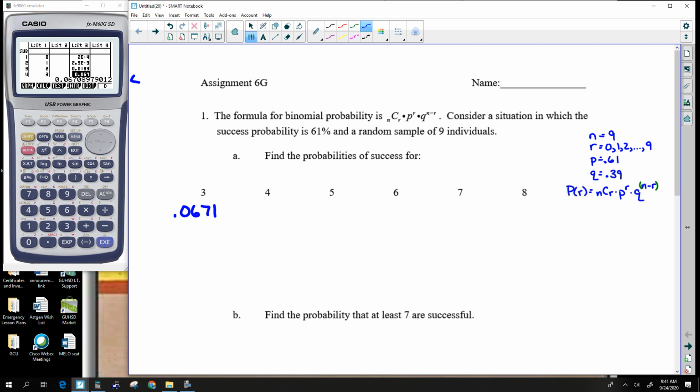Okay, again, take a look at that bottom number, not the highlighted number.